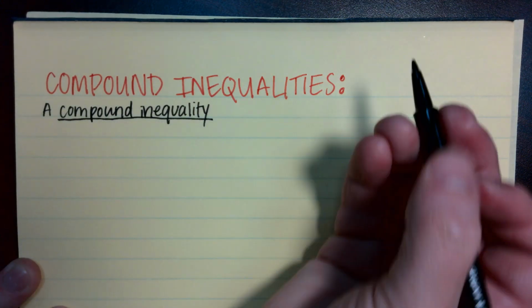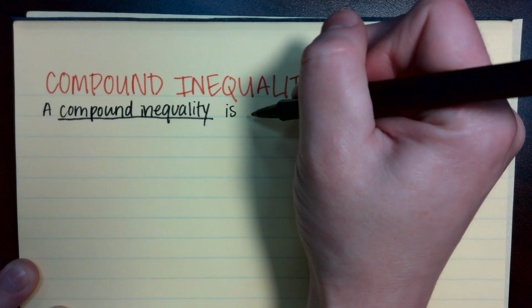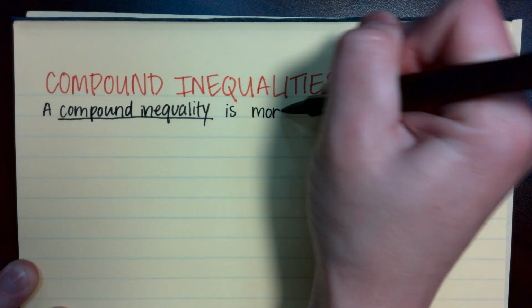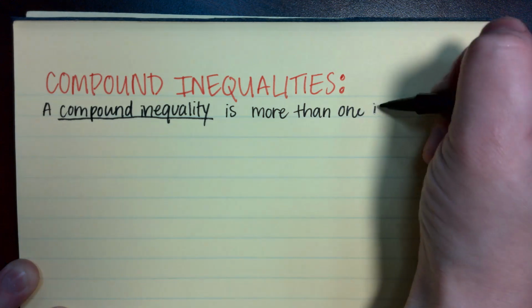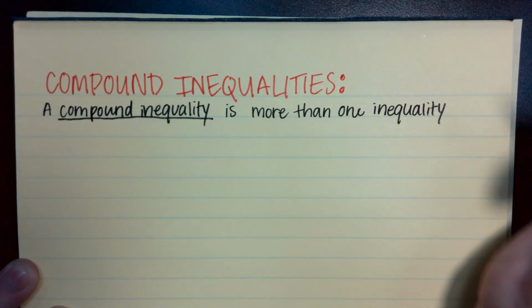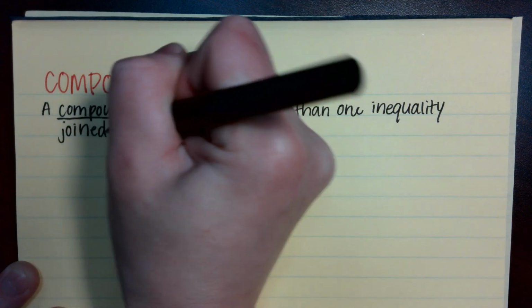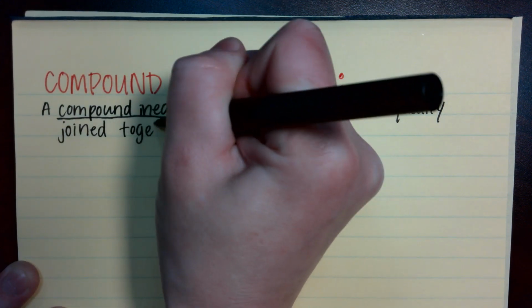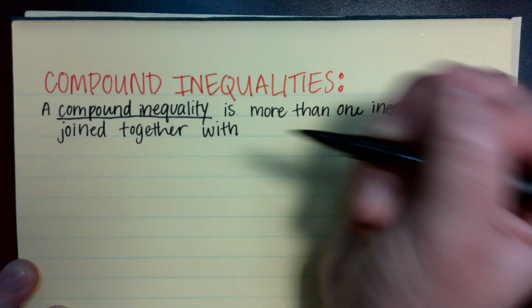A compound inequality is just more than one inequality joined together with one of two things.